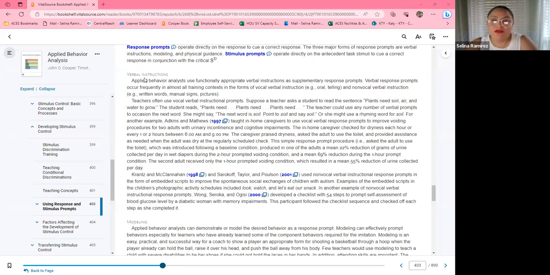So it's going to be oral, telling, and non-vocal verbal instruction: written words, manual signs, and pictures. So that's also kind of an important thing to note, is that it can be spoken and it can also be presented visually. And so those are going to be your verbal instructions. And those are response prompts.